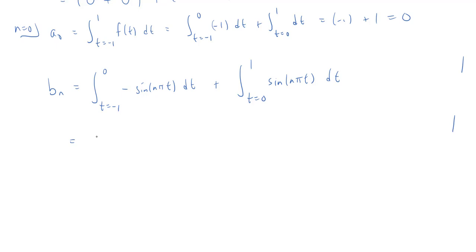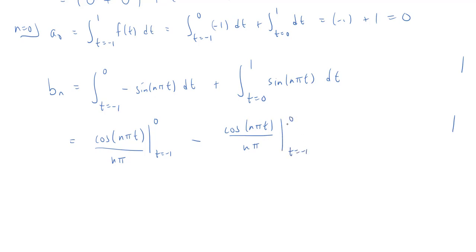But here's another negative. So I have a positive cosine n pi t. Of course, we have to divide by n pi. And then we integrate from negative 1 to 0. We evaluate between negative 1 and 0. And then we get the same thing over here, only now we do actually pick up a minus sign. So we'll have minus, and then we have cosine n pi t over n pi evaluated between negative 1 and 0.